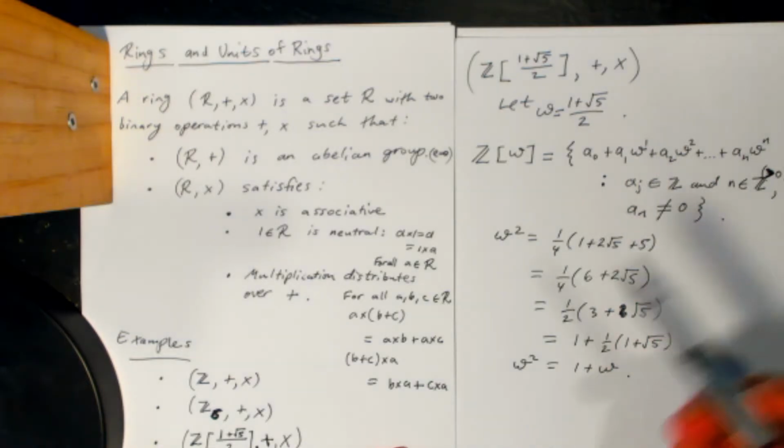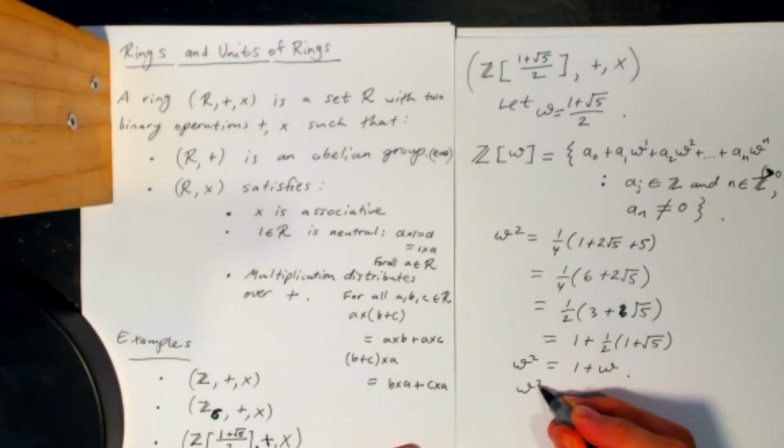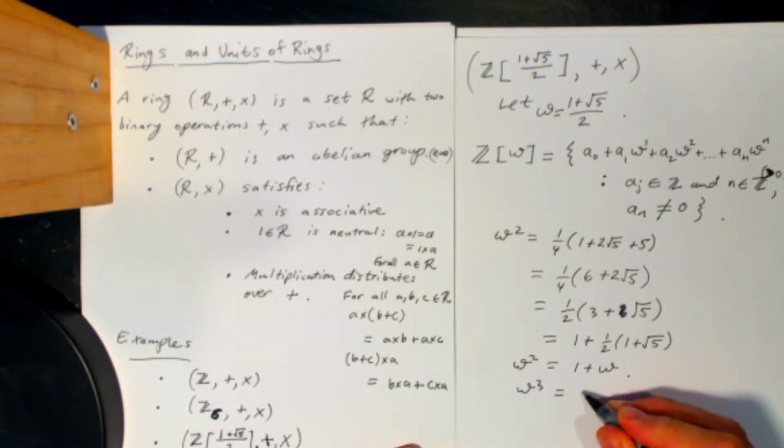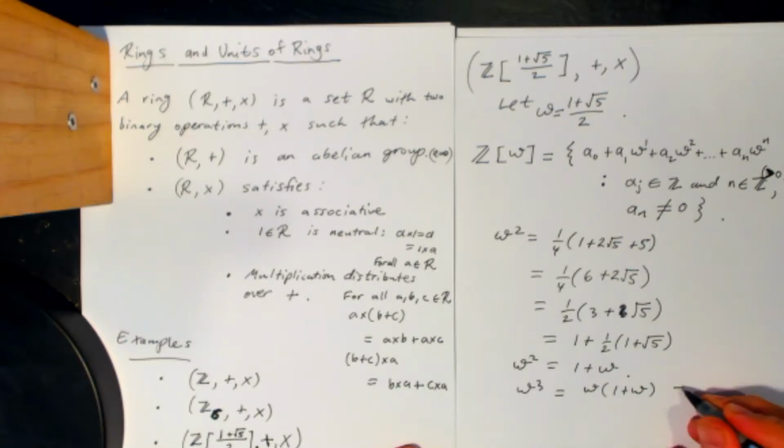You can also do this with the cube, because omega cubed is omega times (1 plus omega), which is omega plus omega squared, which is omega plus (1 plus omega), which is 1 plus 2 omega.